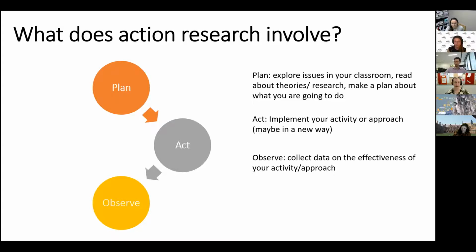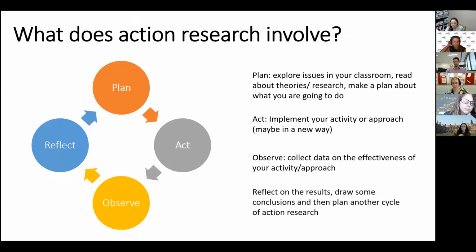And the idea was he was getting his students' perspective on what meaningful means and how they feel about engagement in the classroom. And then he looked at all the data he collected over his 3 cycles. He tried to draw some conclusions, and at the end of each cycle, used those conclusions to plan another cycle.